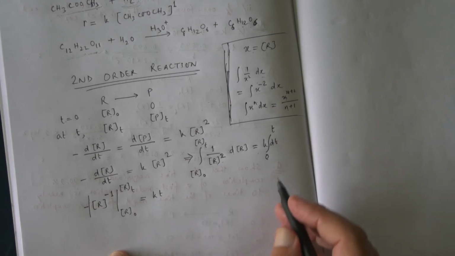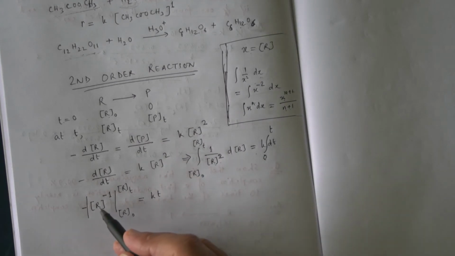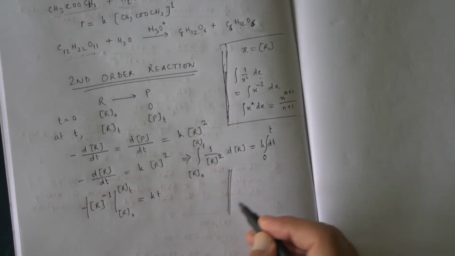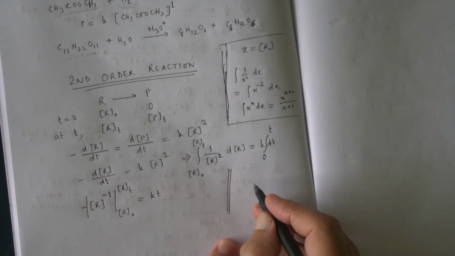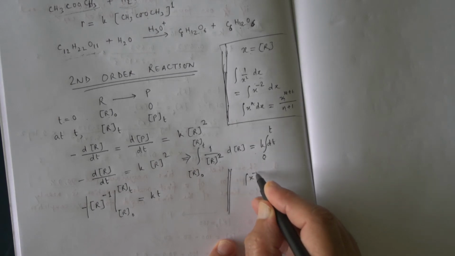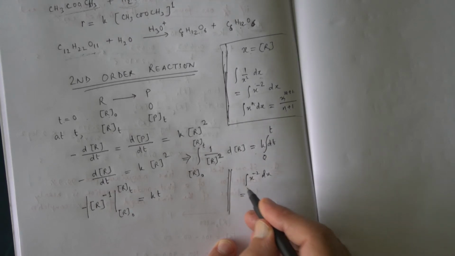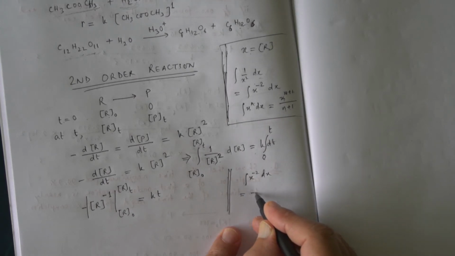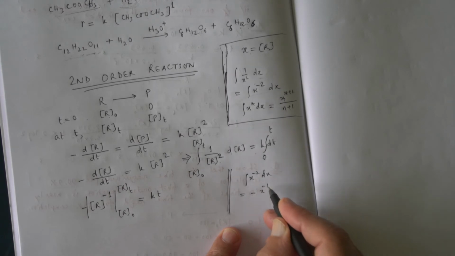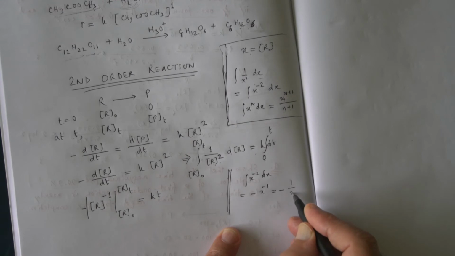Now let me show you. The integration of x to the power minus 2 dx will be equal to minus x to the power minus 1, that is minus 1 by x.